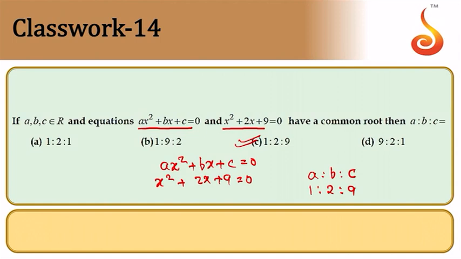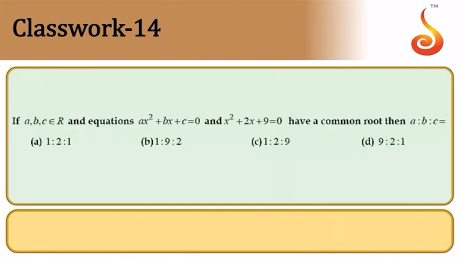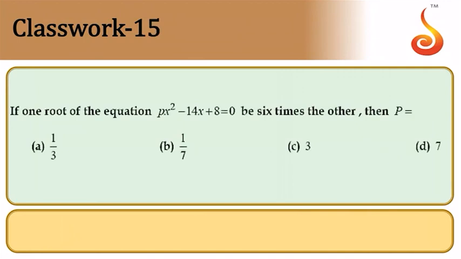Without any second thought, we can write 1 is to 2 is to 9. Option C is correct.